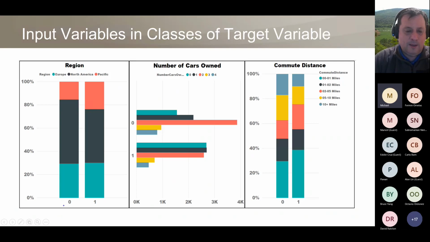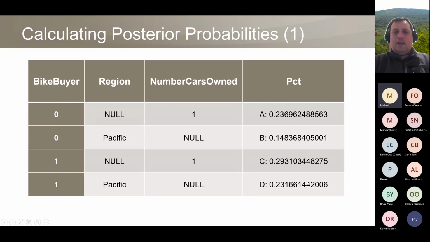So we have here a stacked column chart, a clustered bar chart and another stacked bar chart. I actually created these charts in Power BI. And we have this distribution of three input variables in classes of the target variable.